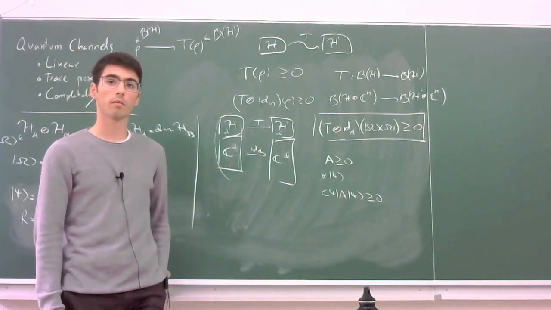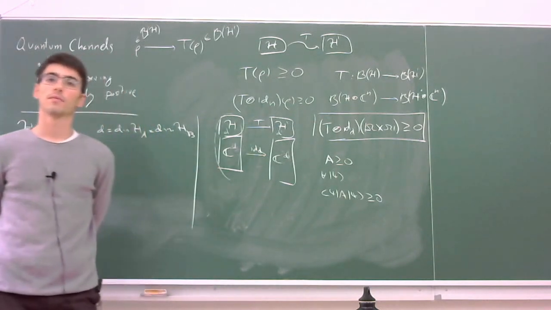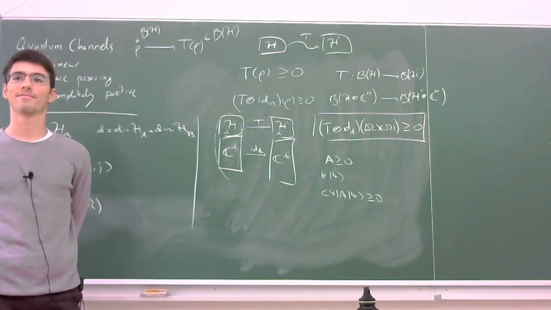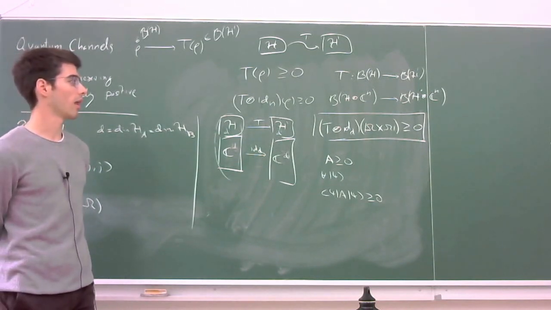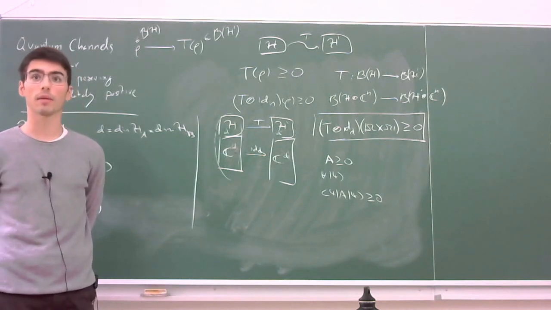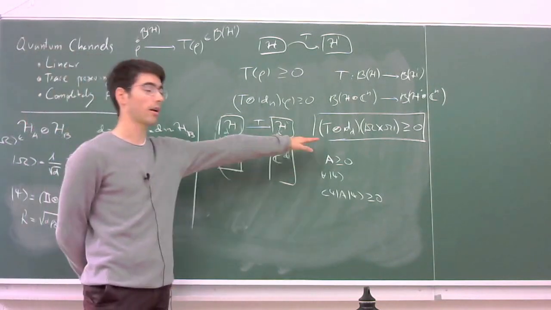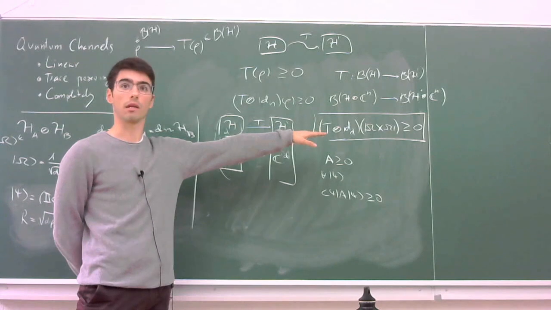Okay. I have another question. In this block, are you trying to prove the positivity, or will you use the positivity to show something else? In this block, I wanted to show that complete positivity can be characterized with this property. And characterization means if and only if.